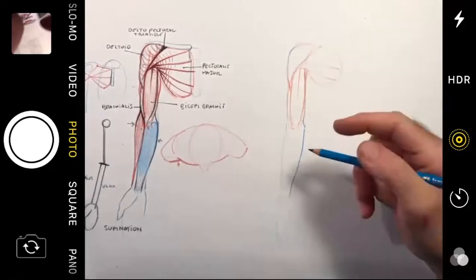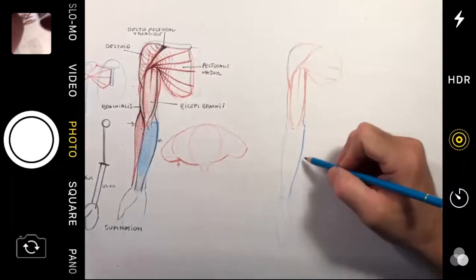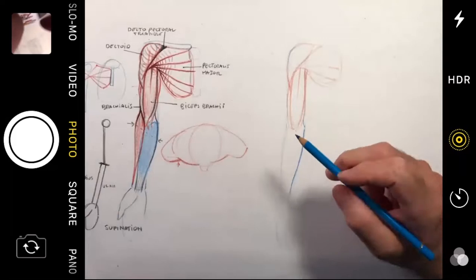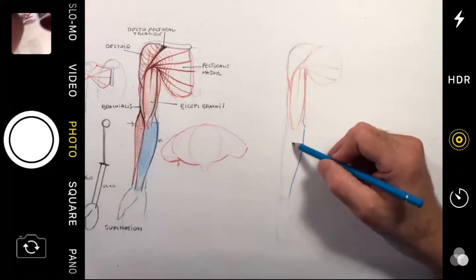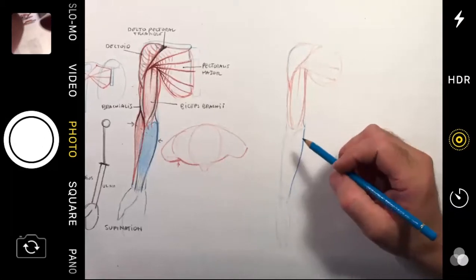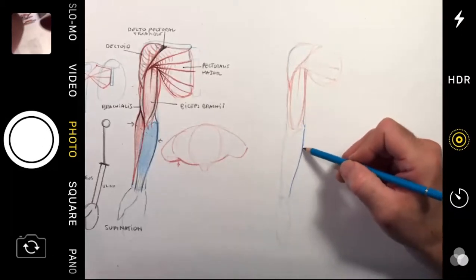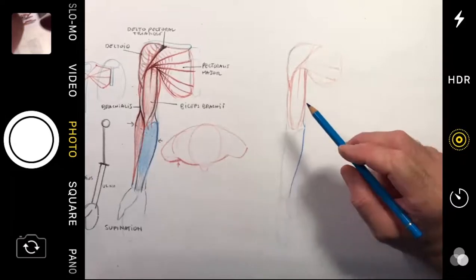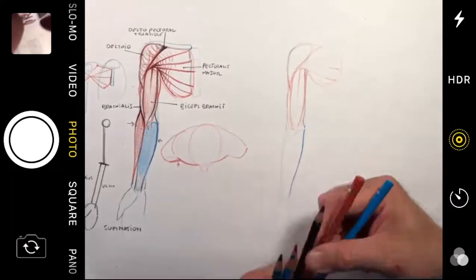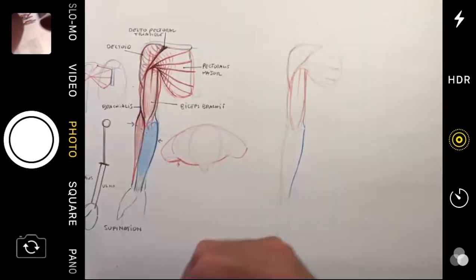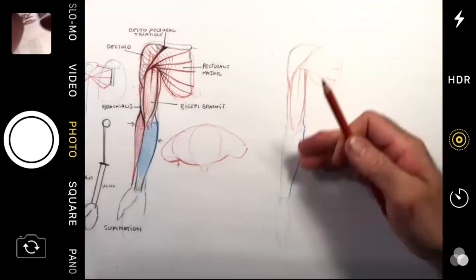Okay, so this is going to be now the volume of the flexor, but before I define this, I want to block in the volume of the brachioradialis, because I want to see how that alters the overall shape of the forearm, right?